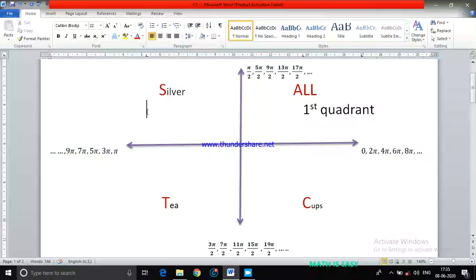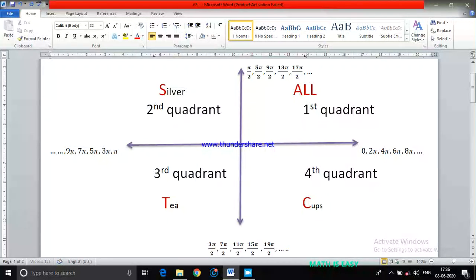Here it will be second quadrant. Let me write that number. And here you can mention third quadrant. I think you already know the meaning of quadrant, one fourth of the total. Fourth quadrant.